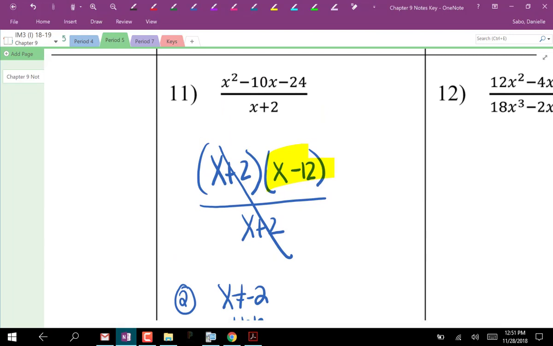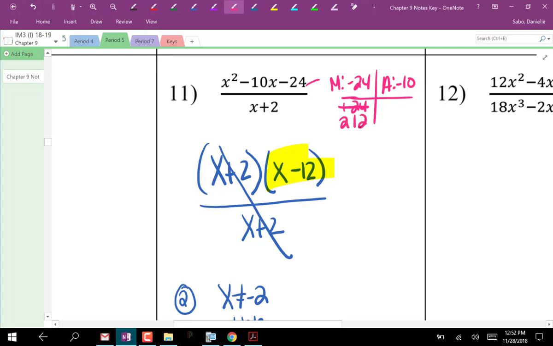For this one, I will tell you that the mod table was kind of tough because there were a couple of them that you can think worked. Me and Riley were talking back and forth here on which ones would work, because 6 and 4 looks like it would work because 6 plus 4 is 10. But there's no way to multiply to negative 24 and get a negative 10 when we add them. Okay, so 1 and 24 wouldn't work. 2 and 12 actually do. And it would be positive 2 and a negative 12.